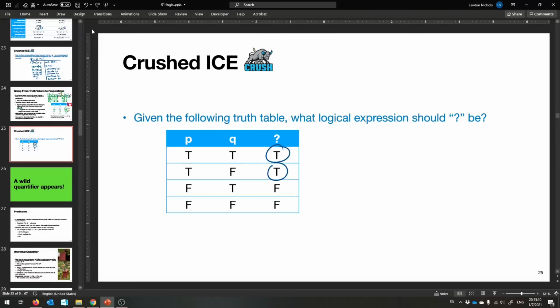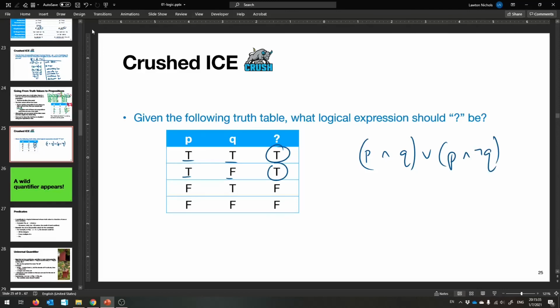Well, P is true and Q is true. So P and Q. That gives me true, false, false, false. And then I OR that with the other true case, when P is true and Q is false: P and not Q. Okay?